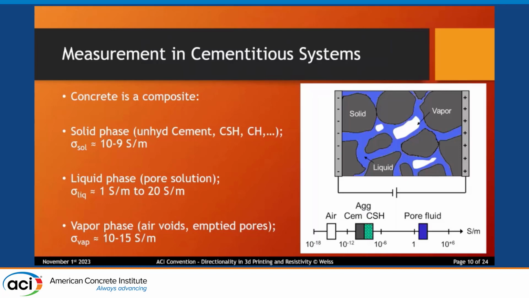The phases that really are the ones that are responsible for transport are the fluid phases inside of the system, right? It's not pure water. It's water that has ions in it, right? And that's the one that is actually 10 orders of magnitude more conductive. So if you actually model all of these phases, it always comes down that it's the pore fluid that's the conductive phase that's inside of the system.